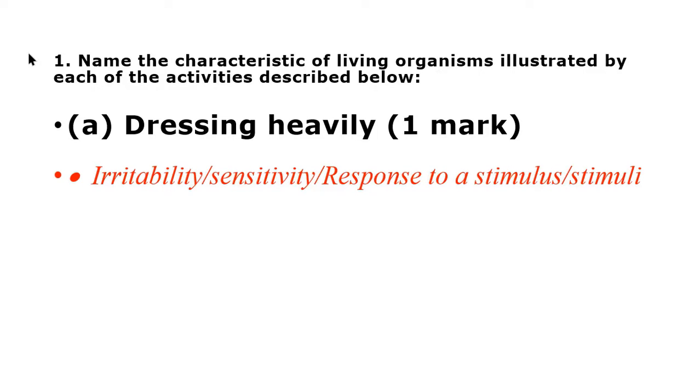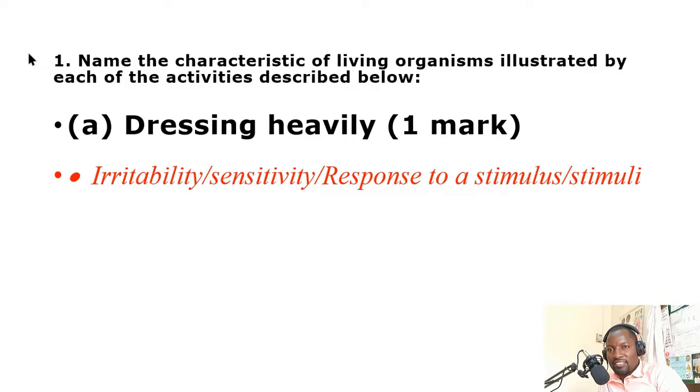Organisms have a tendency of dressing very heavily, especially when the climate changes. So which kind of characteristic is exhibited by this? Definitely, ladies and gentlemen, it is irritability, sensitivity, or what we call response to a stimulus.